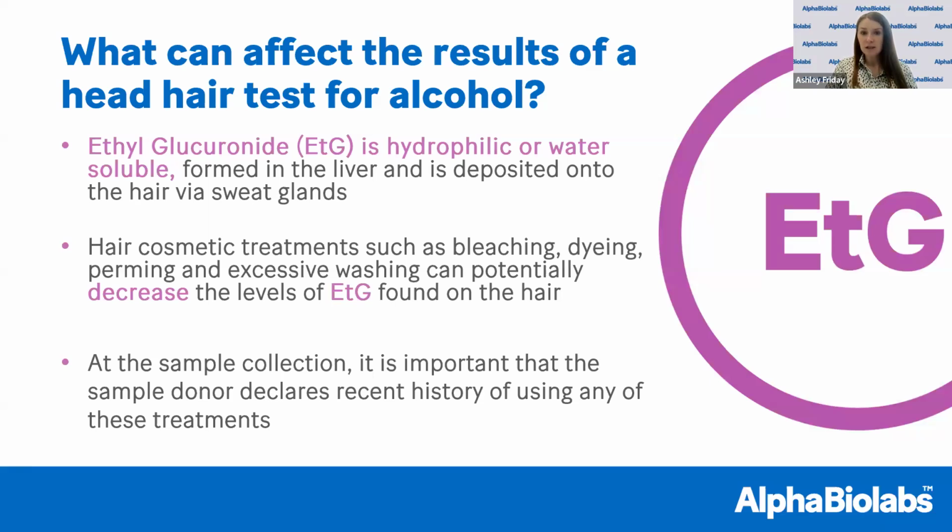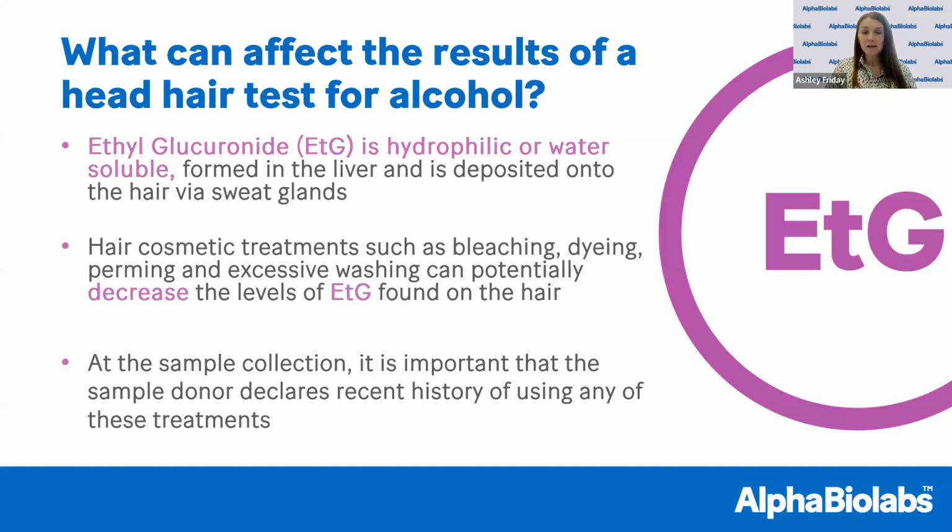For the ETG testing, ETG is water soluble. What that means is that certain hair cosmetic treatments, such as bleaches, dyes, and perms, can potentially decrease the levels of ETG that are found in the hair. This is why in certain circumstances, courts will state to clients to not use any cosmetic treatments on the hair between the order and the testing taking place, so that it can't negatively affect the testing.